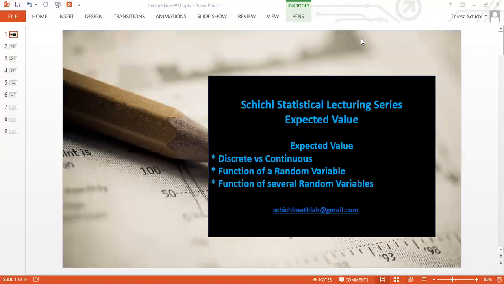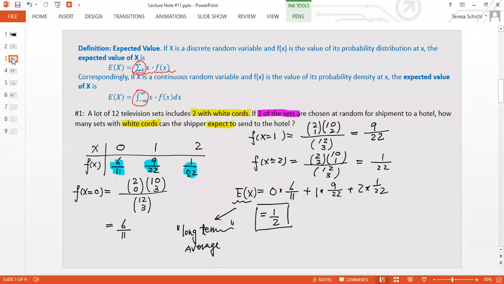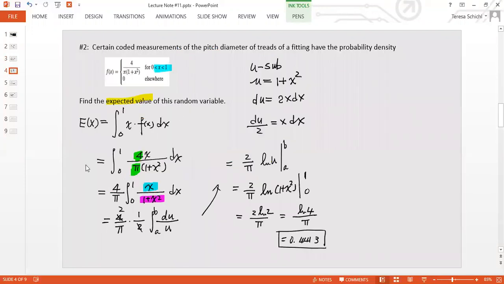Then we progressed into what happens if you have a function of a random variable, how do you find the expected value? We did some problems. This is a discrete case, how to find the expected value. And this is the continuous random variable. How do we find the expected value?